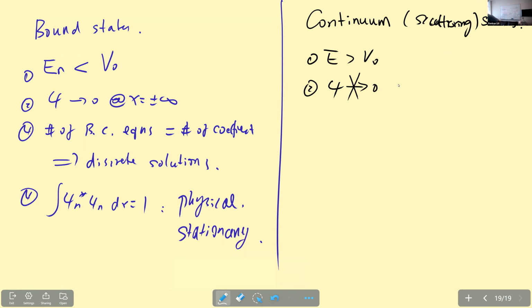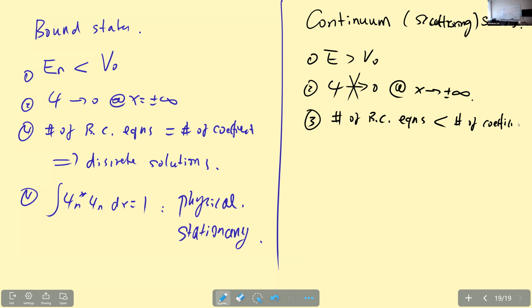We don't need this. That means the number of boundary condition equations is less than the number of coefficients. So this leads to a solution for any E greater than V0. So that's why it is a continuum.